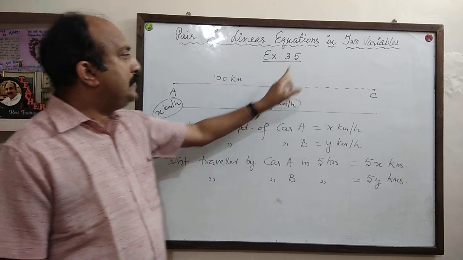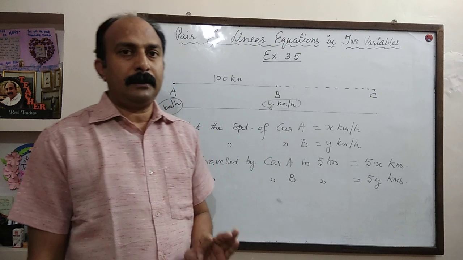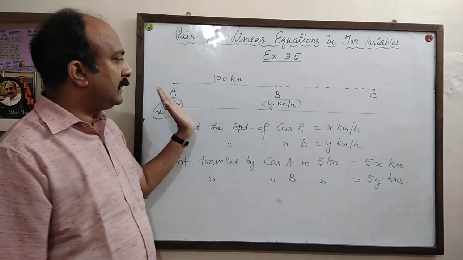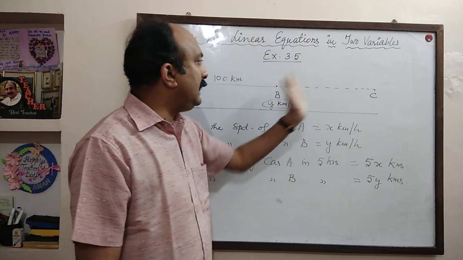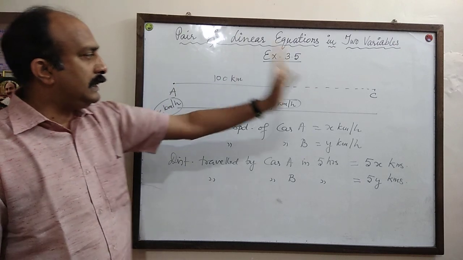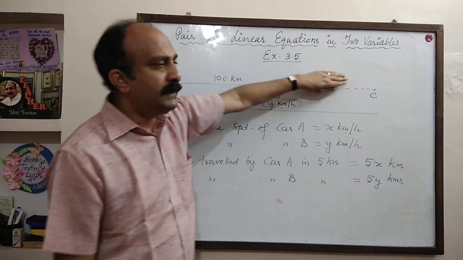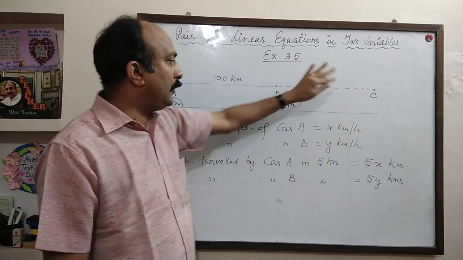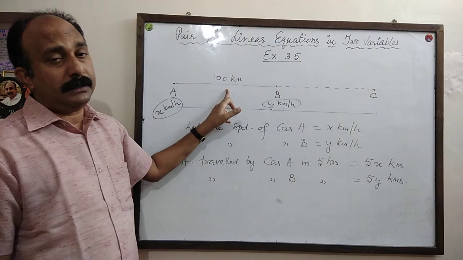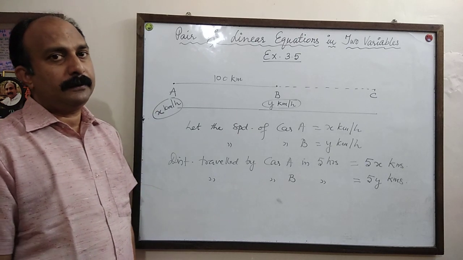Now, BC equal to 5y. What is the difference between AC and BC? The difference between AC and BC is 100 kilometer. AC equal to 100 plus BC. Therefore, AC minus BC is equal to 100. This is equation number 1.